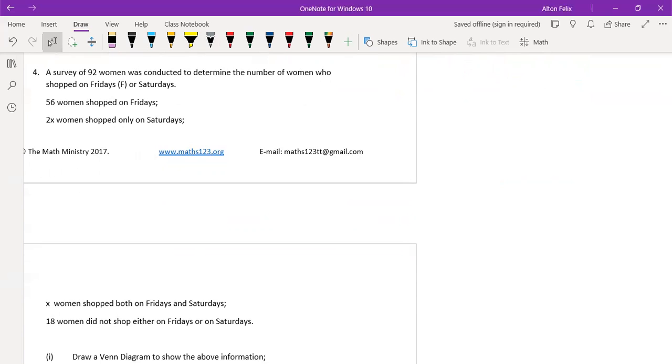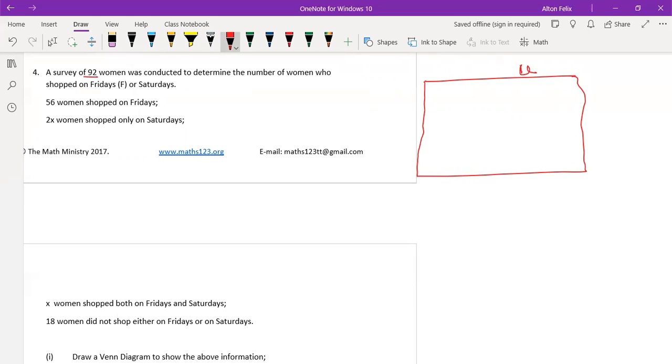Right, so again, it is testing our understanding of the different elements or parts of the Venn diagram. So let's see if we can fit in that. So this is our universal set here. That's our U. Now, the total number is 92 women.